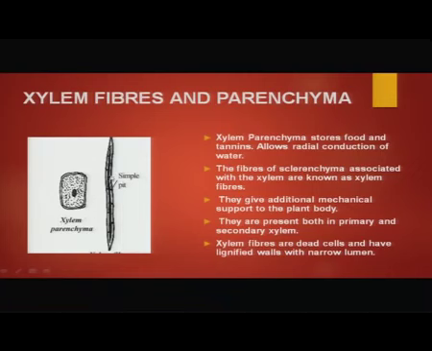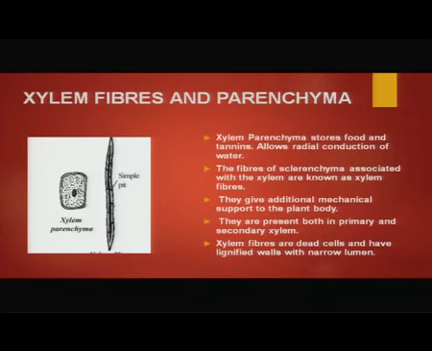What about the xylem parenchyma? Xylem parenchyma are normal parenchymatous cells, and they are present between the xylem elements. They form medullary rays also, and they help in radial conduction of water.